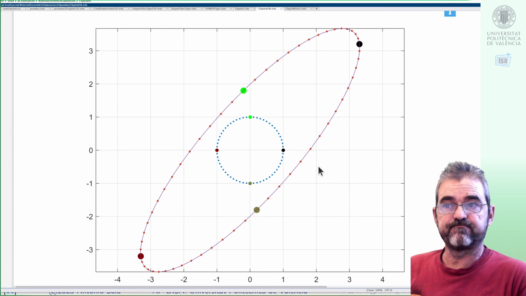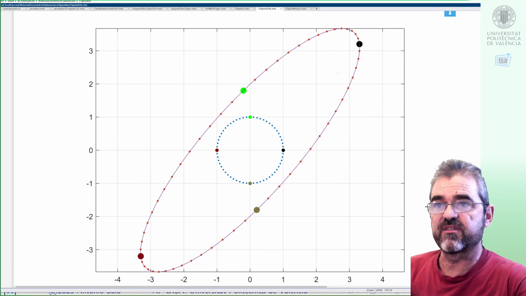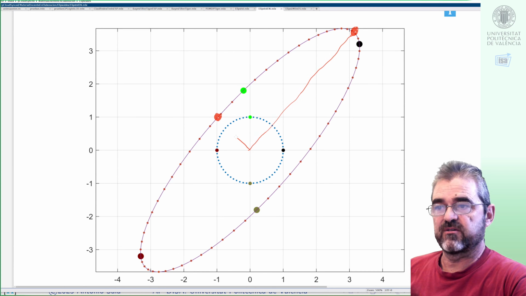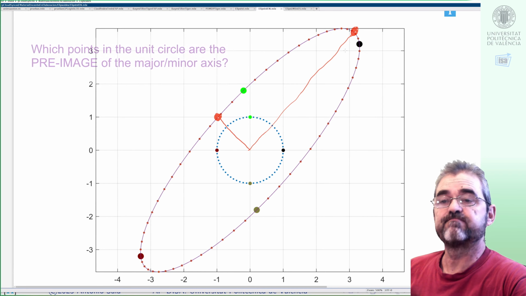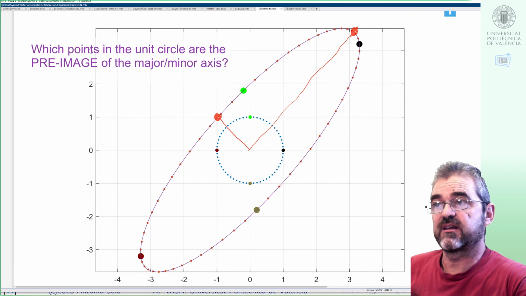But as we see, this kind of representation forgets something. The most interesting points will be this one and perhaps this one, depicting the major axis and the minor axis. So, which points in the sphere render these axes?